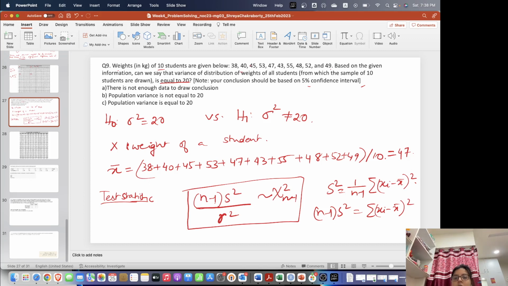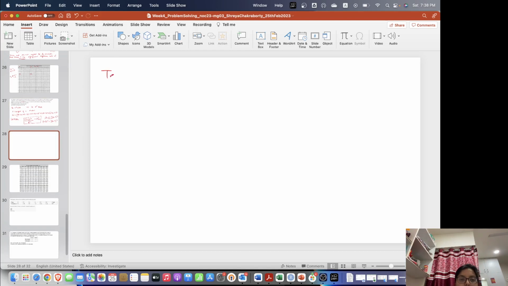From the table we are going to find out the upper quantity. Our test statistic will be summation xi minus x bar whole square divided by 20.